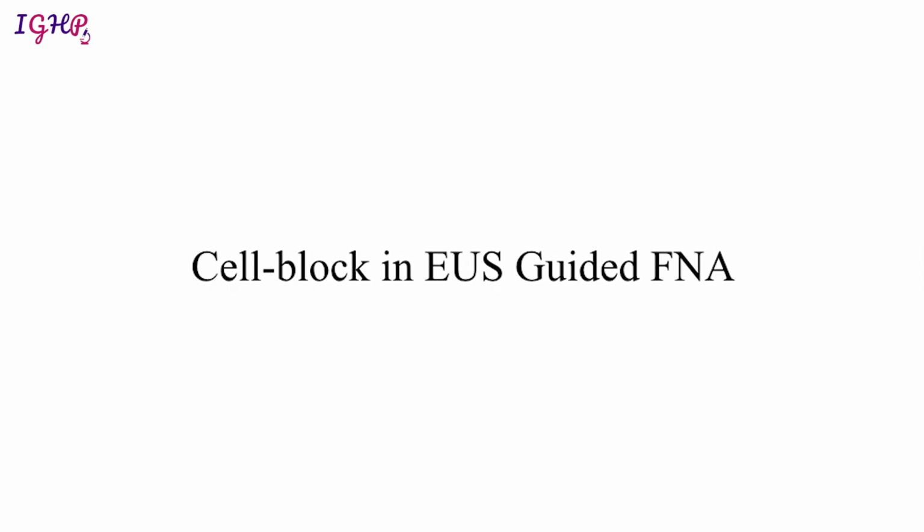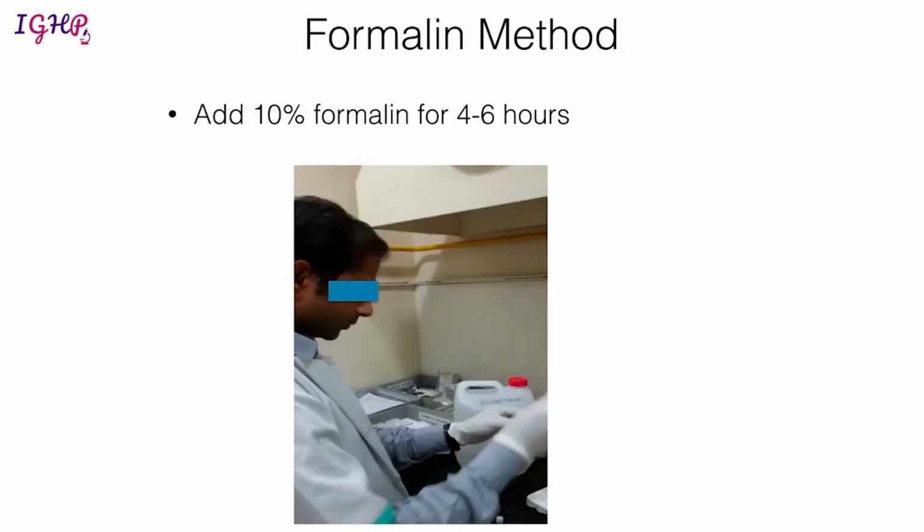For making a cell block, there are different ways, and the commonest method used is the formalin method, in which you add 10% formalin to the sample obtained through the EUS for 4 to 6 hours, and then next day you can process it routinely like your usual sections.